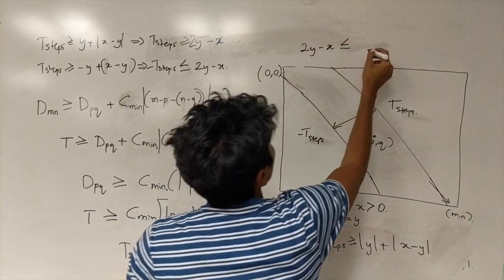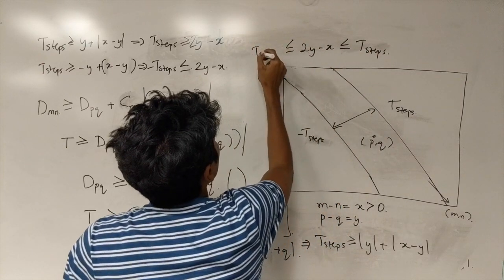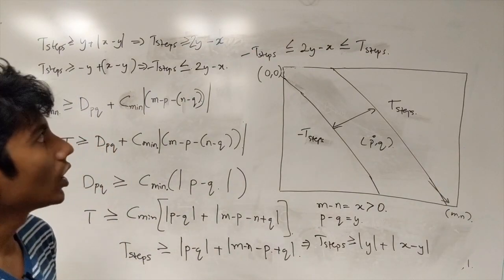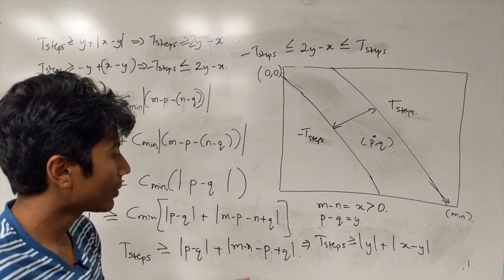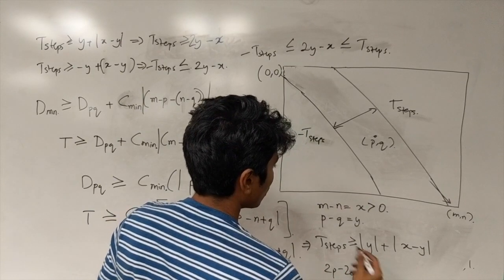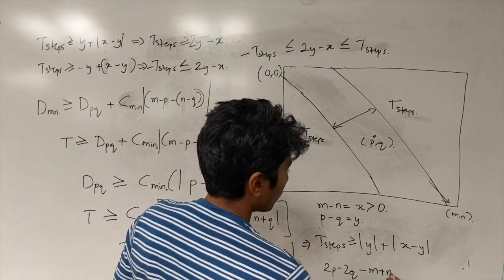is less than or equal to t steps, and this is greater than or equal to t steps when negated. What is 2y minus x? 2y minus x is 2p minus 2q minus x gives us minus m plus n.